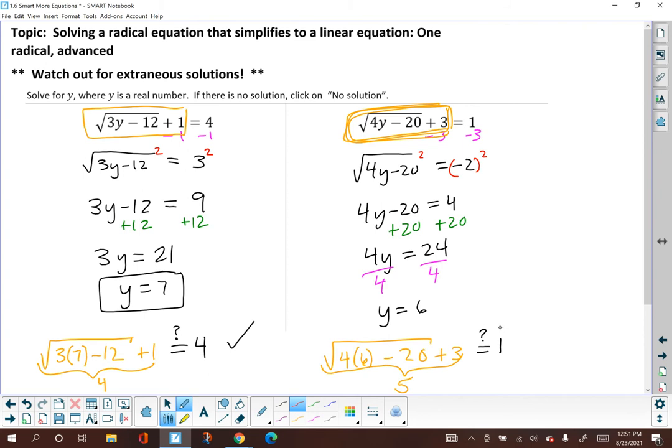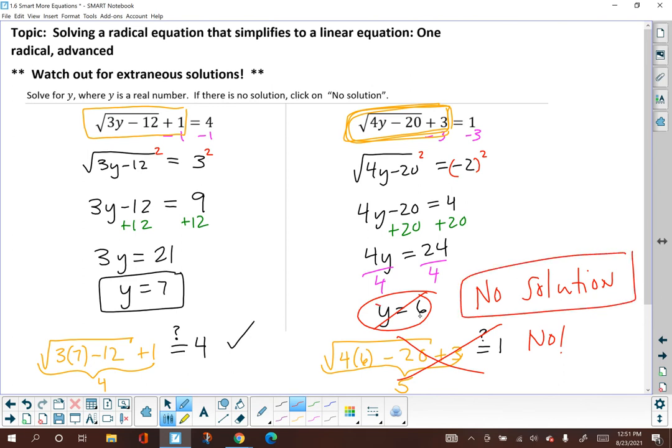So it's not true, which means this is not a solution. And in this case, there is no solution to this equation. Sometimes you'll just have one extraneous answer and the other one works, but if your only apparent solution ends up not being a true solution, you would just indicate that there's no solution.